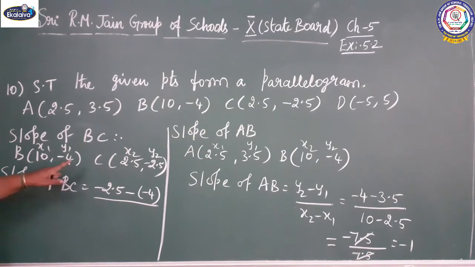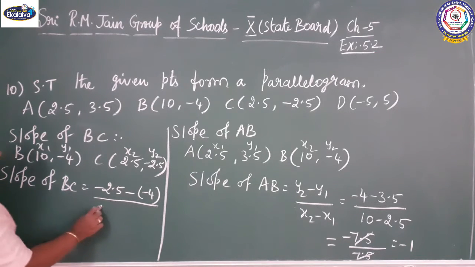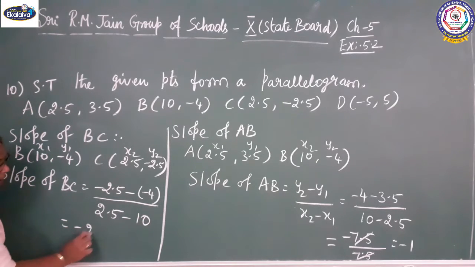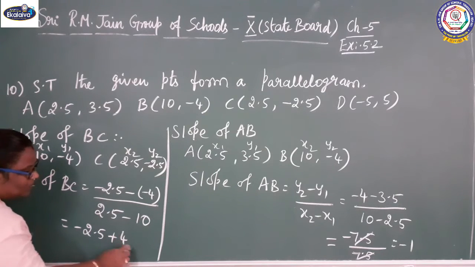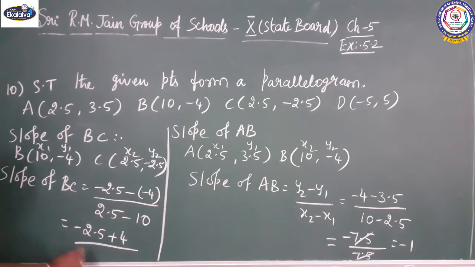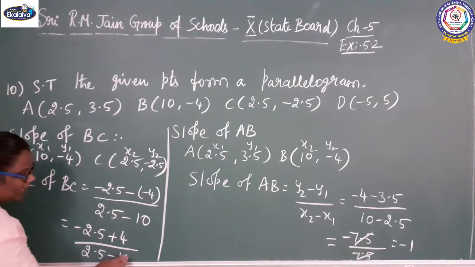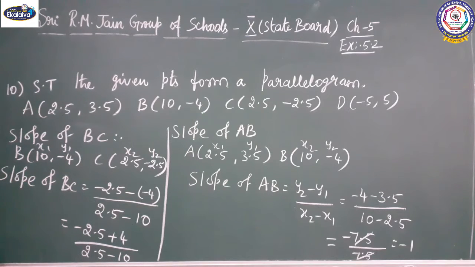y2 minus y1 by x2 minus x1. x2 is what? 2.5 minus 10. So it gives minus 2.5 plus 4 by 2.5 minus 10.